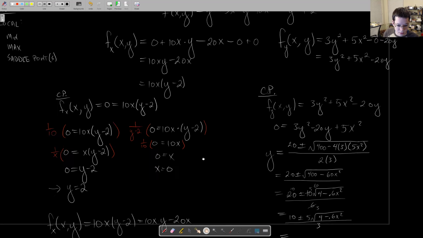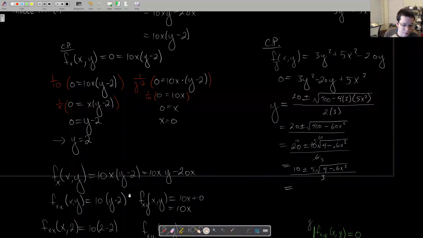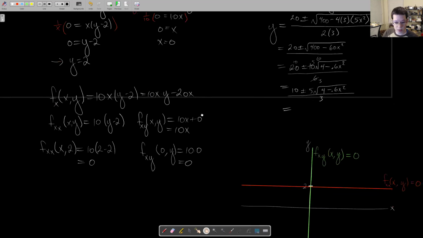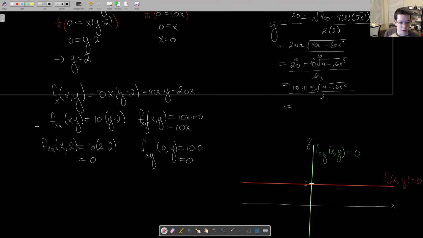As it is, though, I can notate what I do know here correctly. Since this is the case, we have an inflection point, an inflection line, or a line of inflection points, however you want to think about it.